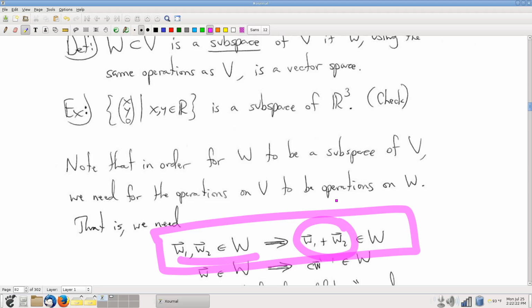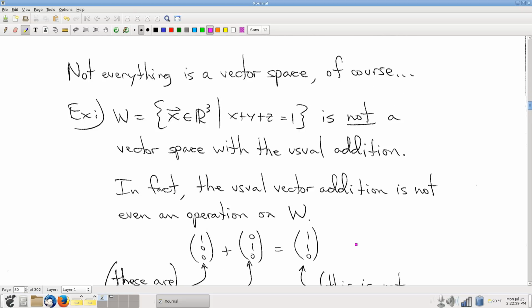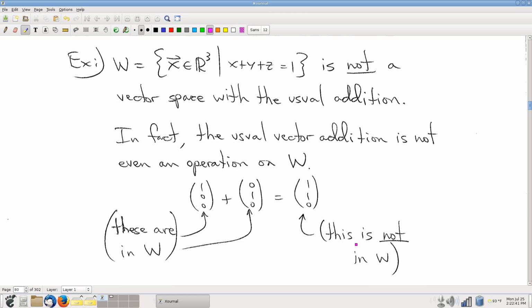Well, of course we do. We need to have an operation of addition, but if W is going to be a vector space, that sum has to also be in W. This is what went wrong in an example that we saw in our discussion of vector spaces.